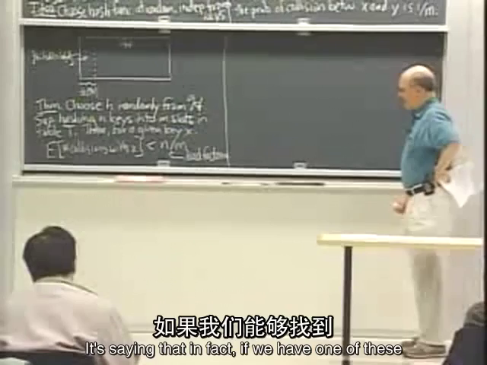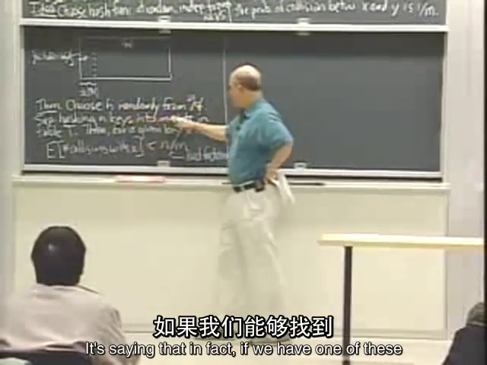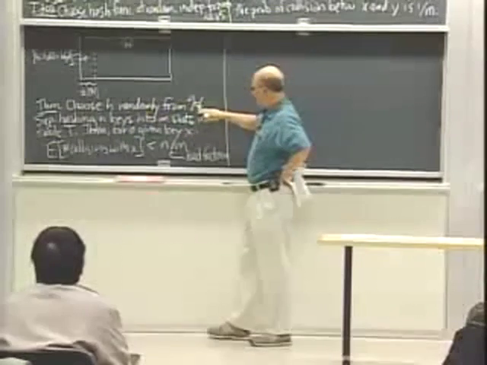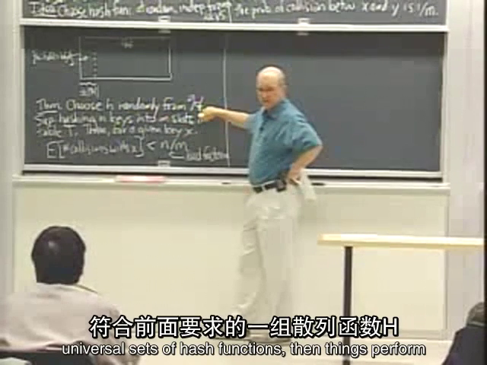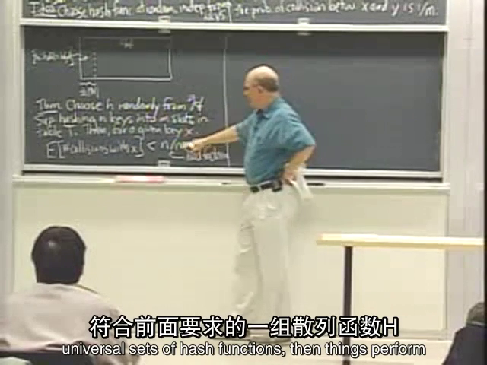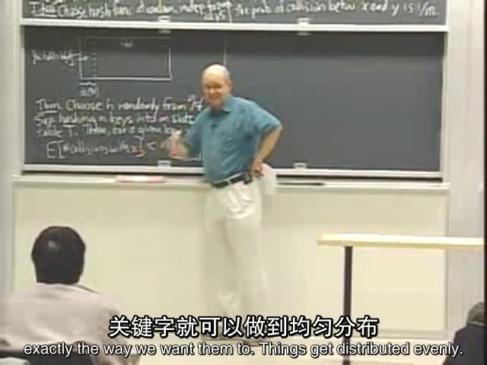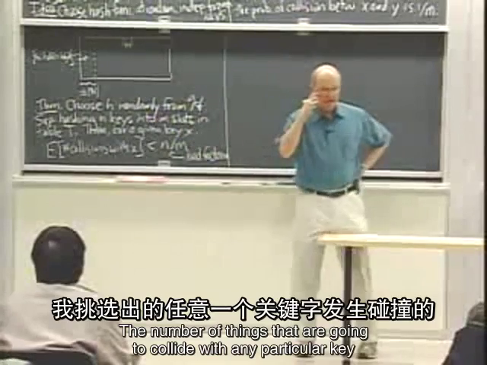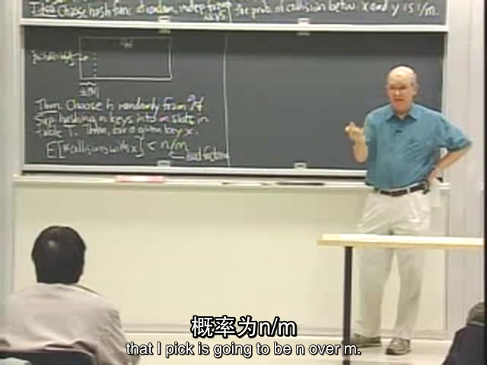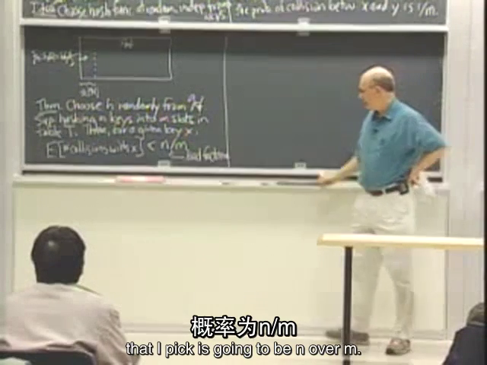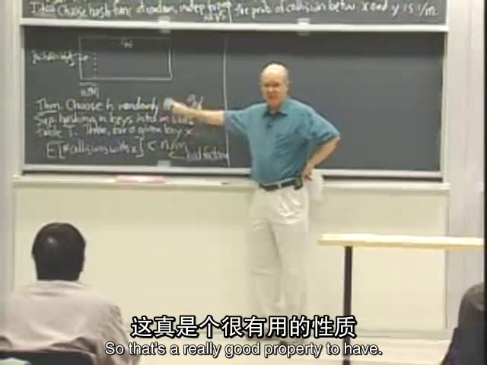It's saying that if we have one of these universal sets of hash functions, then things perform exactly the way we want them to. Things get distributed evenly. The number of things that are going to collide with any particular key that I pick is going to be n over m. That's a really good property to have.